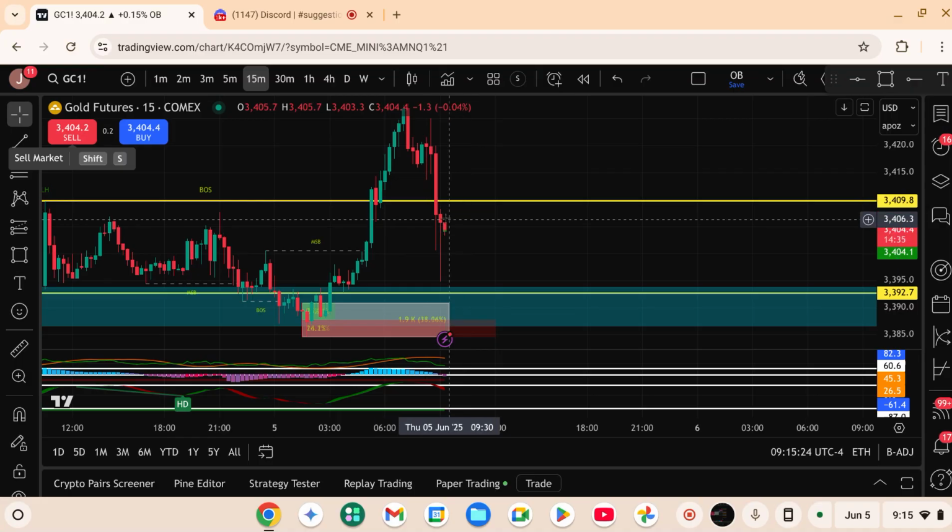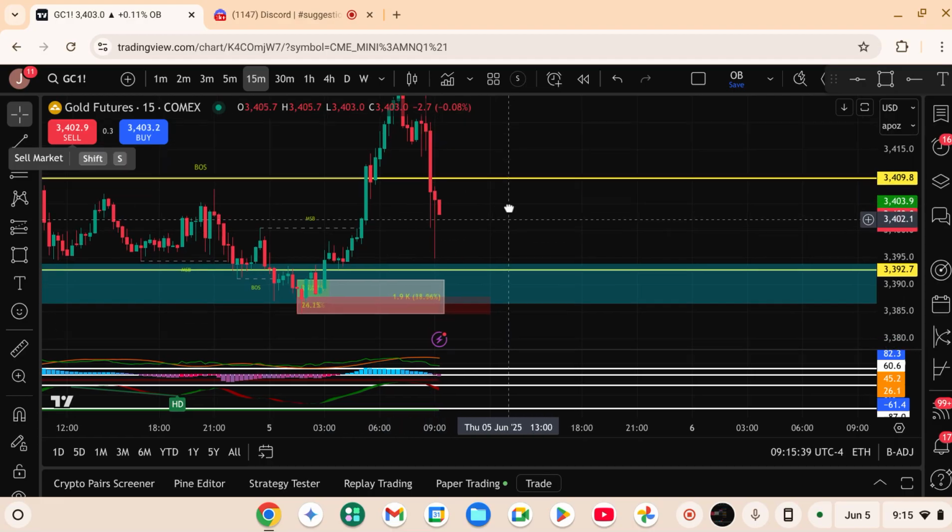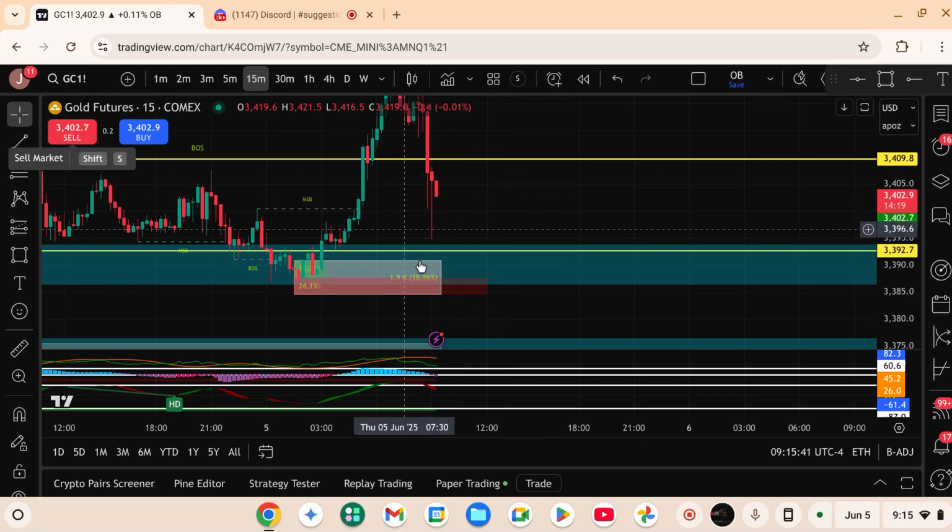I wanted that to look like that here. See this one compared to this one. So this one didn't close bullish enough. So we're gonna keep waiting and see what price does. So we still have an opportunity for it to come into this area and take our longs from here.